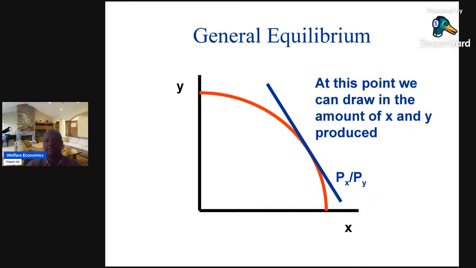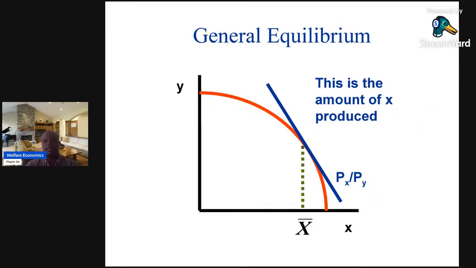Because the point at which the slope of this isorevenue is tangent to this production possibility curve, isa nuti agarsiisa jechuudha. The amount of y produced in kana, the amount of x produced in mo isa kana.